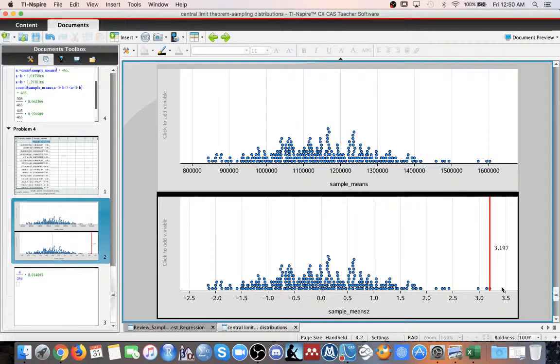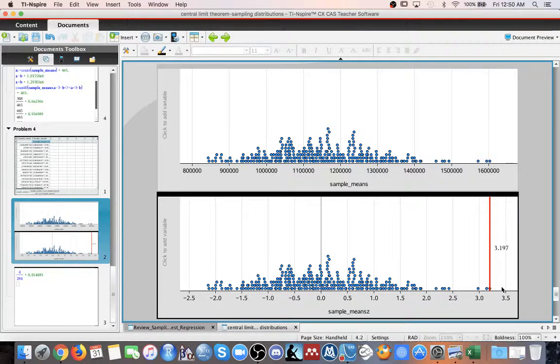You have 2 options. One of them is to say, I think that this data value is too far away from the mean, and I didn't get it just by chance. That you tried to get a sample that was representative of the population.